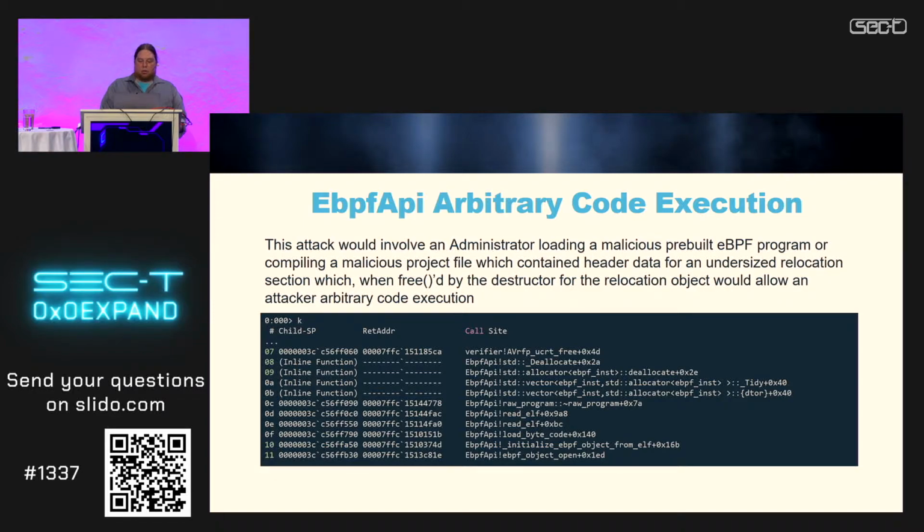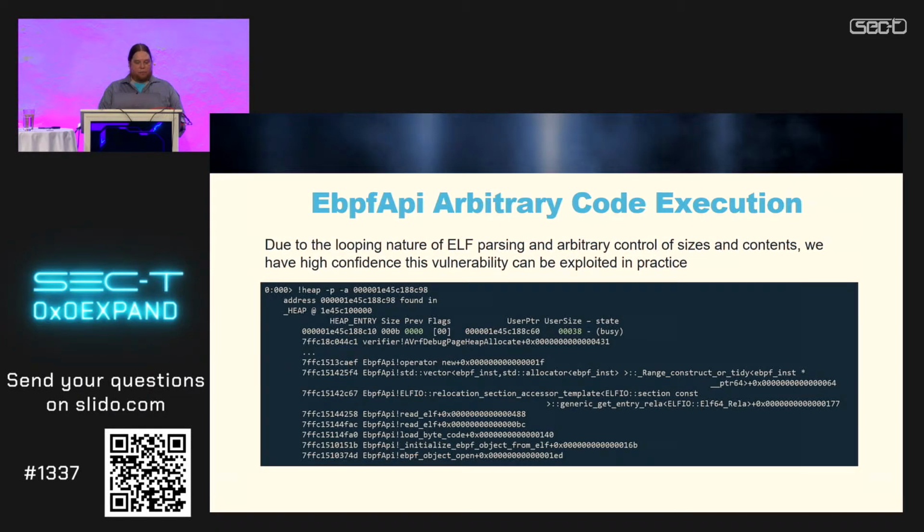That is coming from the loading of the bytecode and part of the relocation sections. This is where the buffer that was overflowed was allocated, and it shows that during the readelf call chain, it eventually had to parse the relocation sections into a vector of instructions, because relocations are self-modifying and patch the code. So this was an interesting vuln, it was remote code execution, and it got patched by Microsoft.